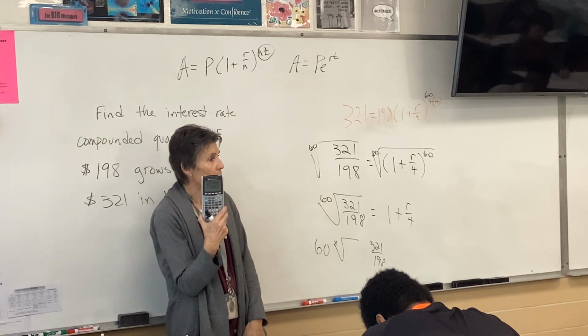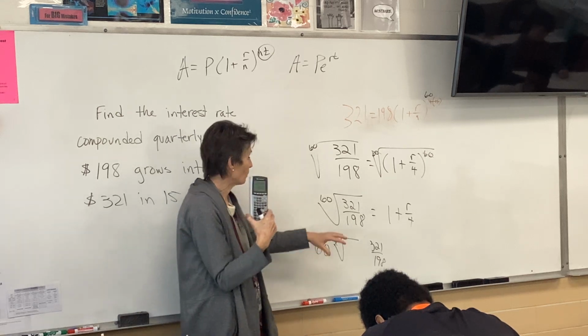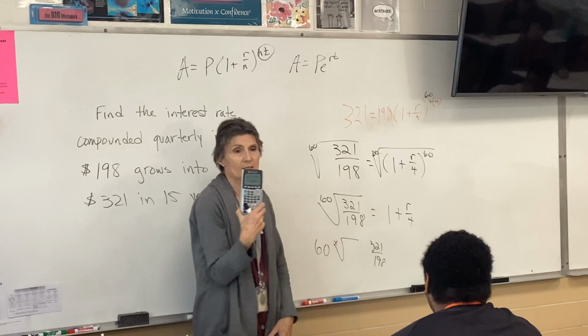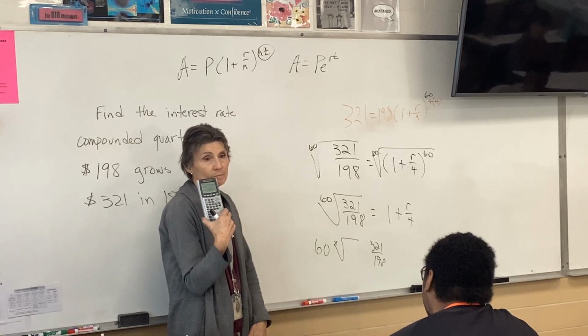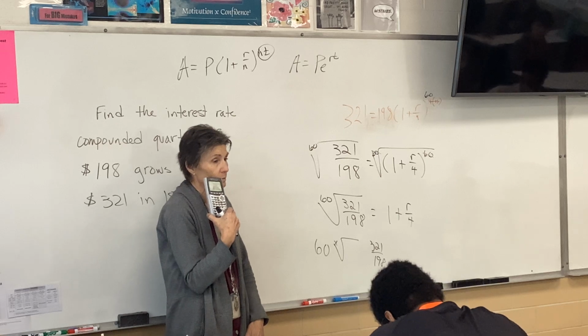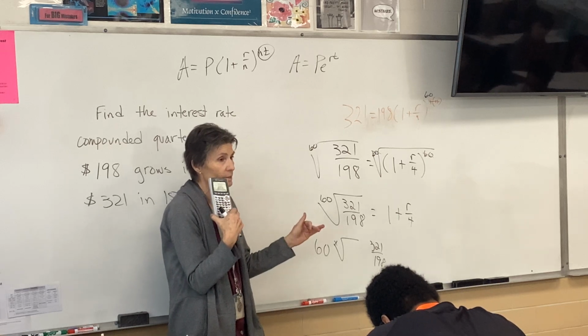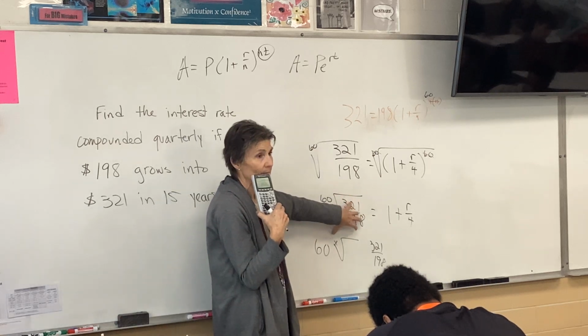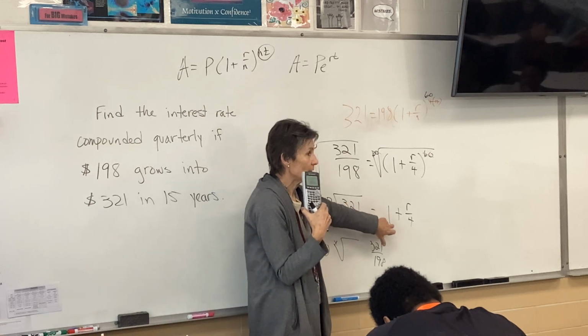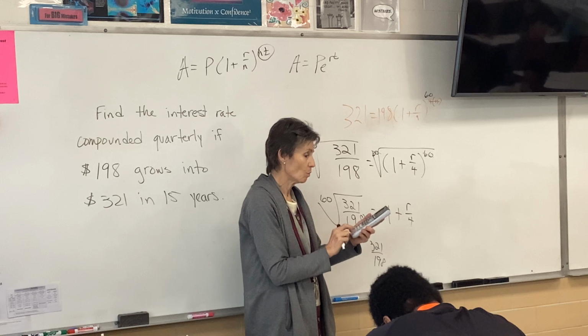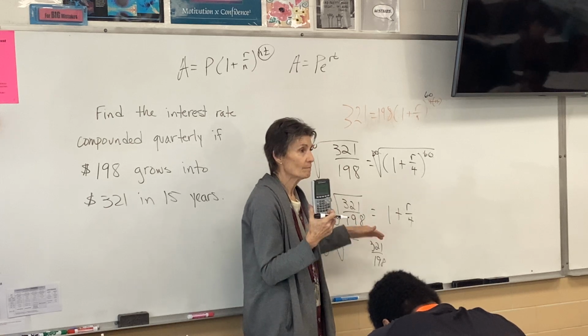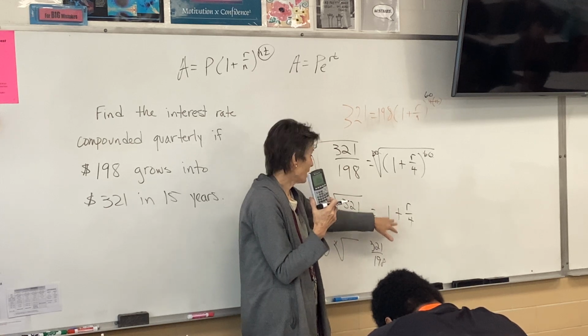Someone tell me what you got, not for the final answer, but when you 60th rooted this. 1.008, yes. Okay, not the answer. That's this, right? So what do we need to do now? Subtract 1, so just hit minus 1. And then what do we have to do?